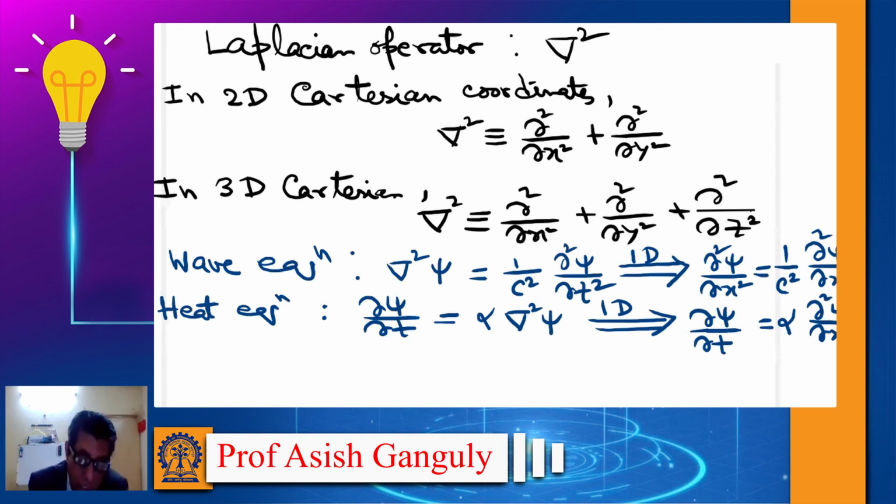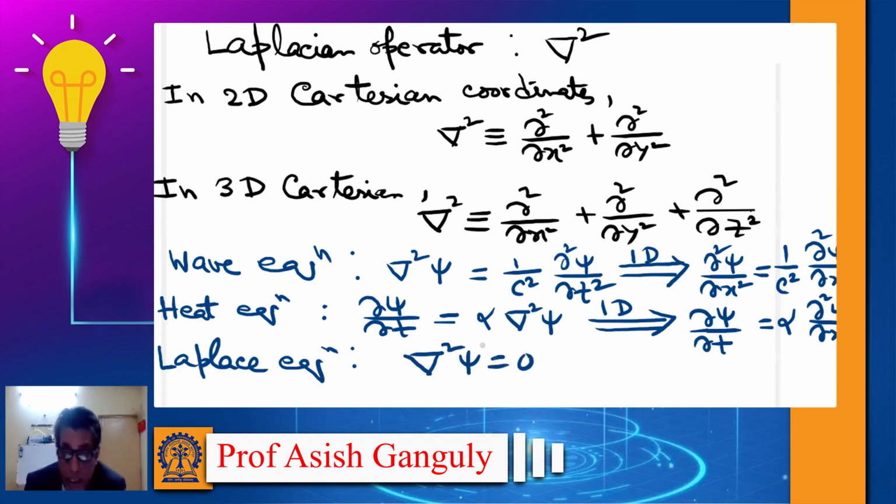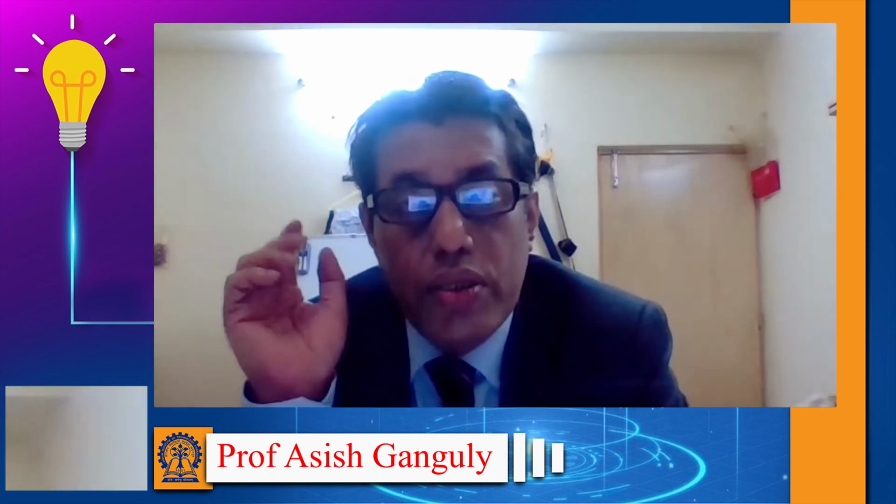So let me finish today by writing the Laplace equation. I will not write it explicitly now. Laplace equation is very simple: del square psi equal to 0. There is no time variable here. In the class when I discuss Laplace equation, I will write this down explicitly. So that completes today's discussion.